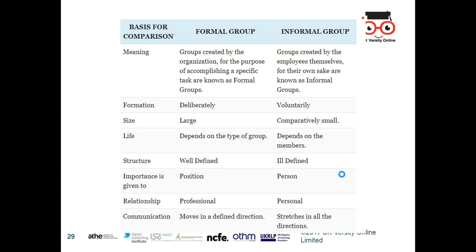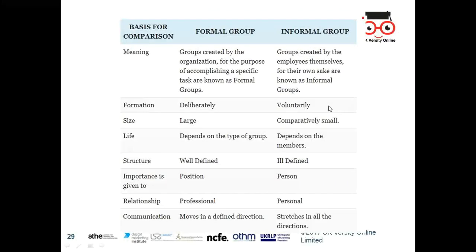So that's the informal. Formal formation is deliberate, and informal is voluntary, not deliberate.